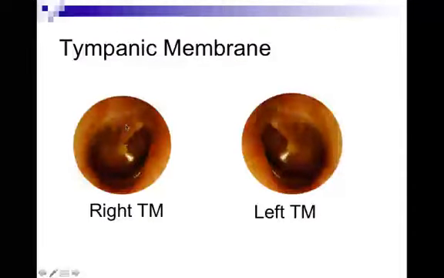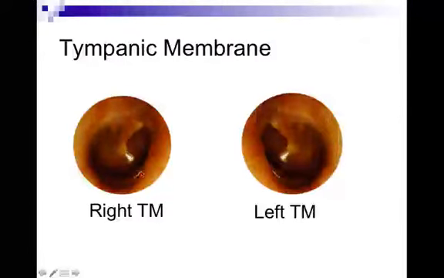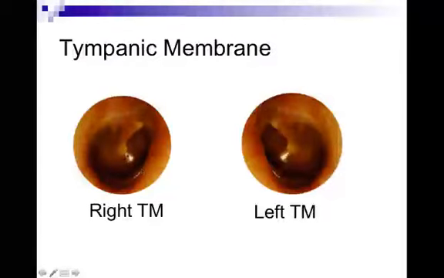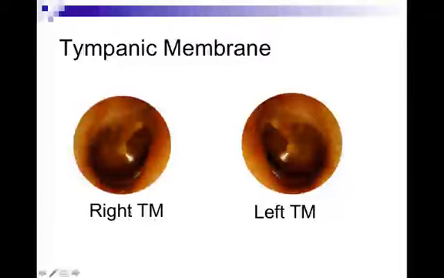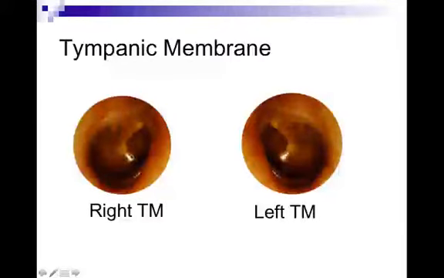But the way the tympanic membrane is arched and curved, it results in creating this light reflex, which is at about 5 o'clock if you're looking at the right tympanic membrane, and at 7 o'clock if you're looking at the left tympanic membrane. An easy way of remembering that would be, for the right ear and the left ear, the cone of light points towards the nose.